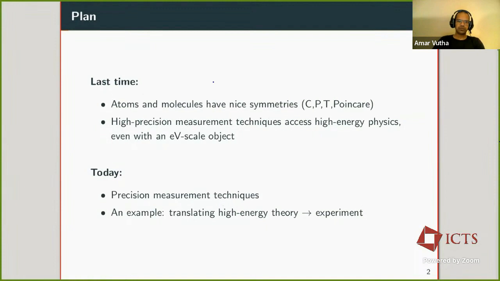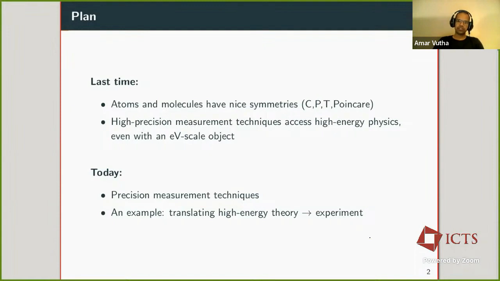All right, so this is what happened last time. Last time we talked about how atoms and molecules have nice symmetries, right? They obey these C, P, T, and Poincare symmetries. Because of that, we get conservation laws, and we get selection rules, all of which can be broken slightly if there's new physics.